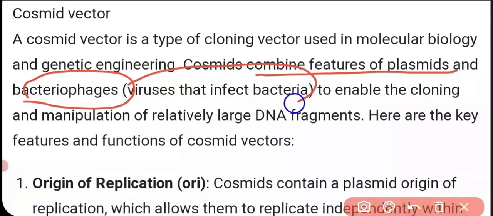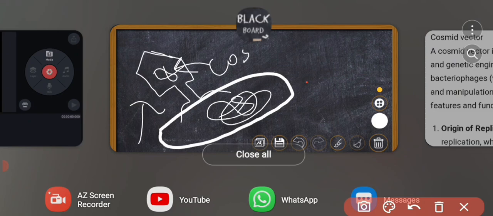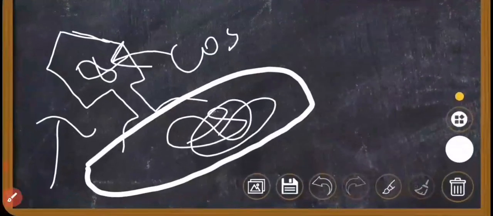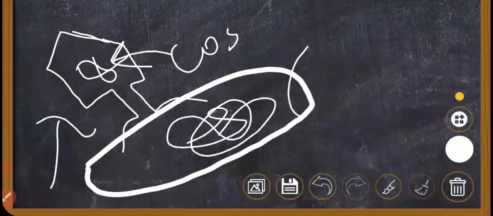Bacteriophage is nothing but a virus that infects a bacterium. So a bacteriophage or a virus will give one part that is called the cos part, and one part from bacteria that is the plasmid, and by attaching these two we will get what? Cosmid. Okay, we will get what? Cosmid. So suppose we have one example here. See, this is nothing but a what?